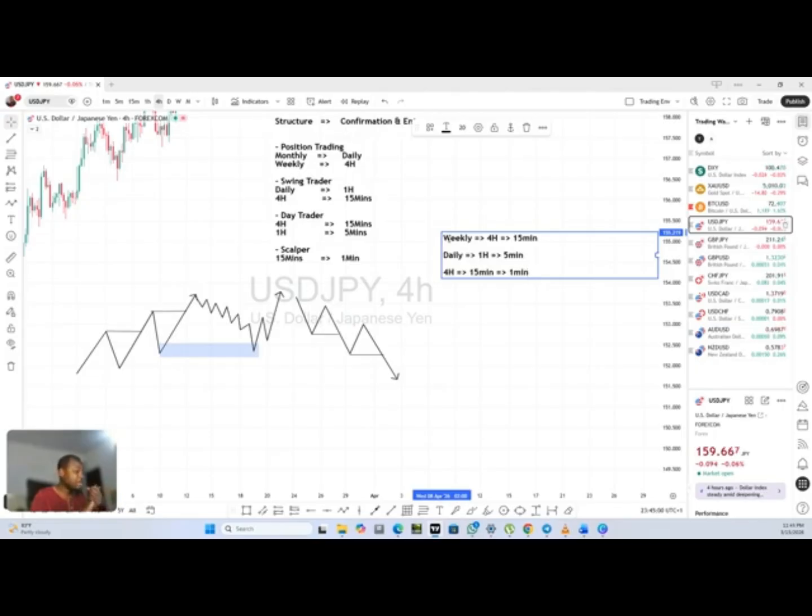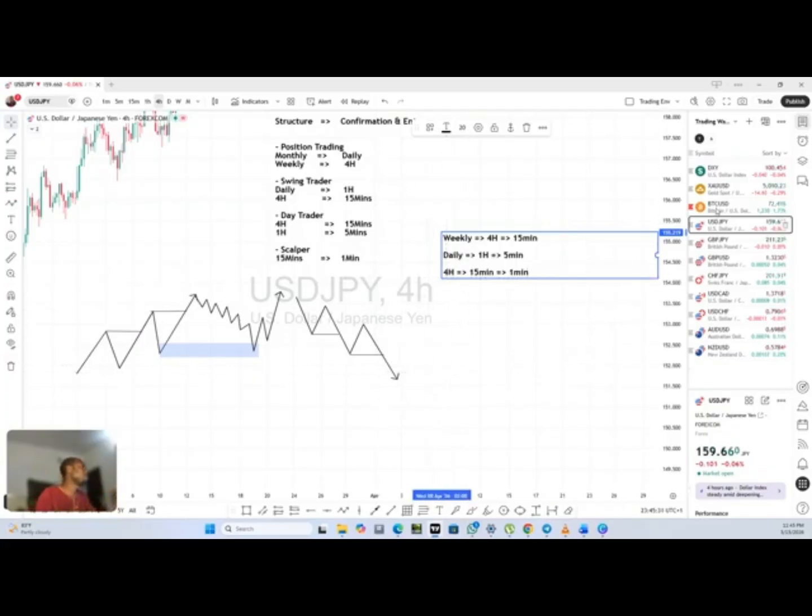Once you understand the market direction, that means where market is going, then you drop to 4 hour and start marking your structure like this, toward the direction that weekly time frame is going. Then if you are using this, the same thing, daily you look for direction, then 1 hour you mark your structure, then 5 minutes you execute your entries. The same thing for this.